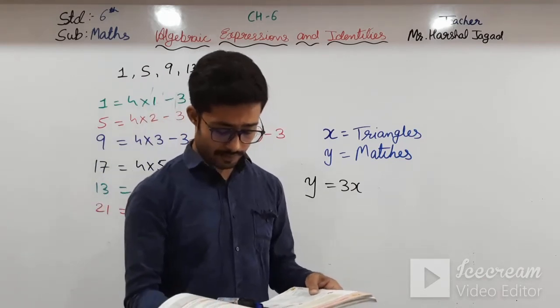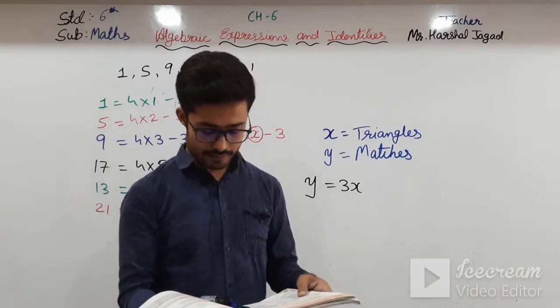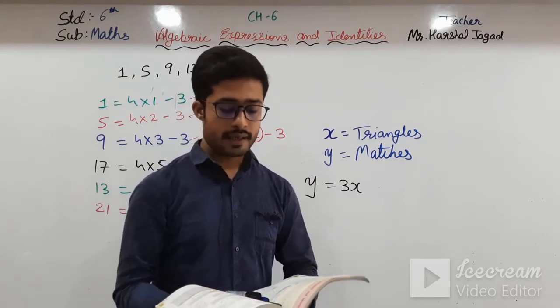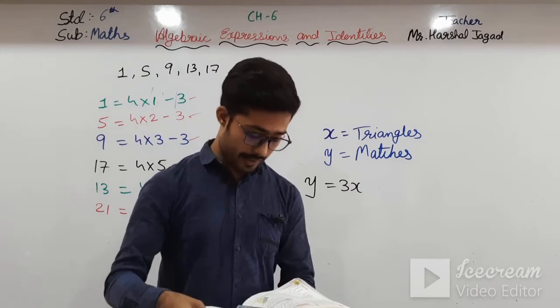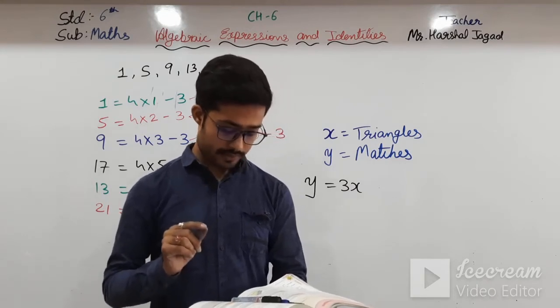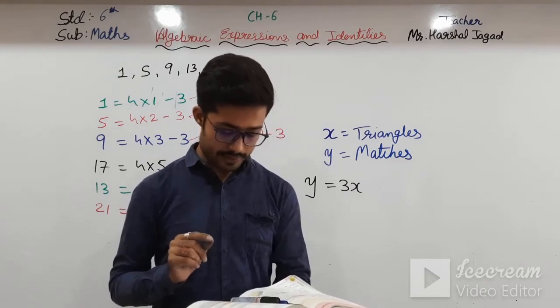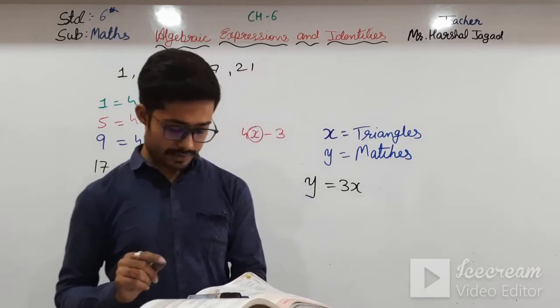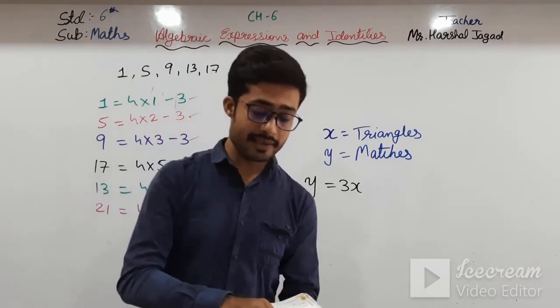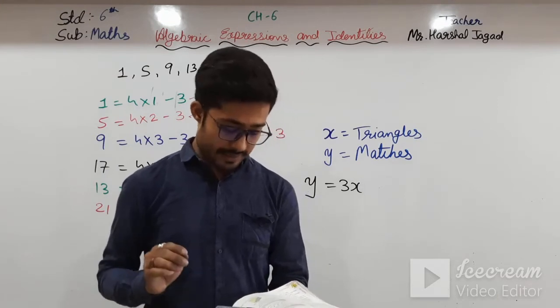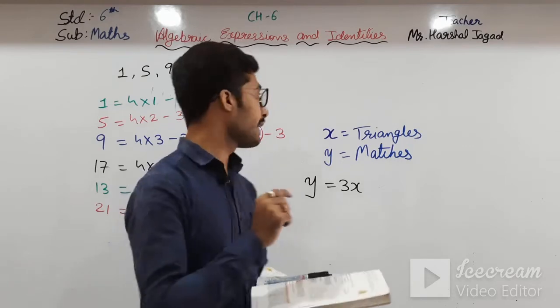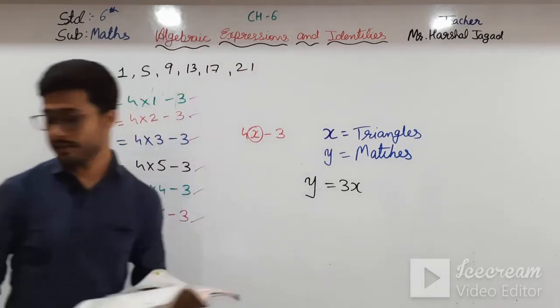Let the number of posts be x and the number of railings between the posts be y. Okay students, you can see here, let the posts be x and the number of railings between the posts be y. Here there is some change.